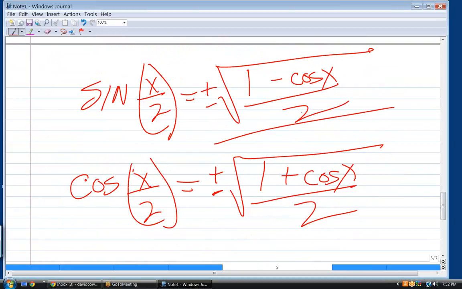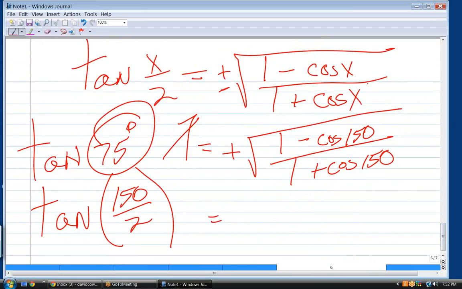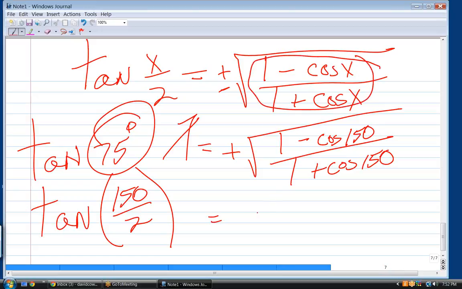And that 2 is inside the radical, not outside the radical. But we're doing tangent, so the 2's went away, and all we have to do is figure out what that is. Well, what's cosine of 150?